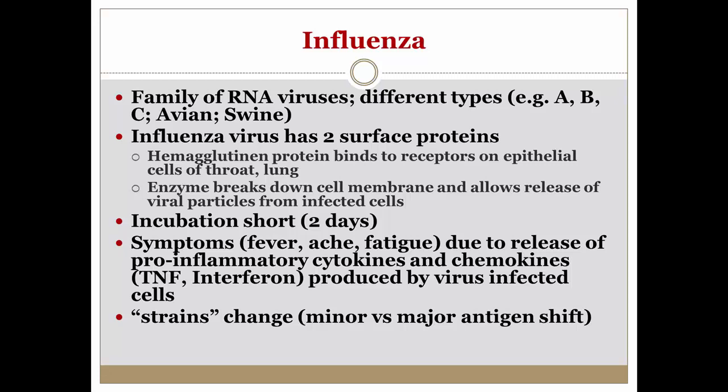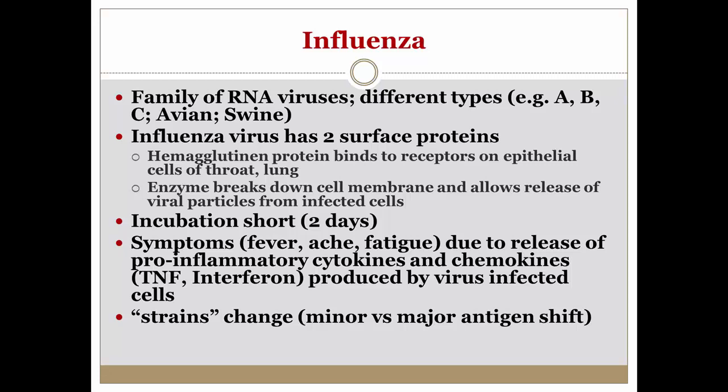This is a really big deal because I think it helps us understand why influenza frequently and primarily focuses on the respiratory tract, because the hemagglutinin protein has a special affinity for those receptors on those epithelial cells in the throat and in the lungs. Influenza virus also makes an enzyme that breaks down the cell membrane, and that allows the release of the viral particles from those infected cells.